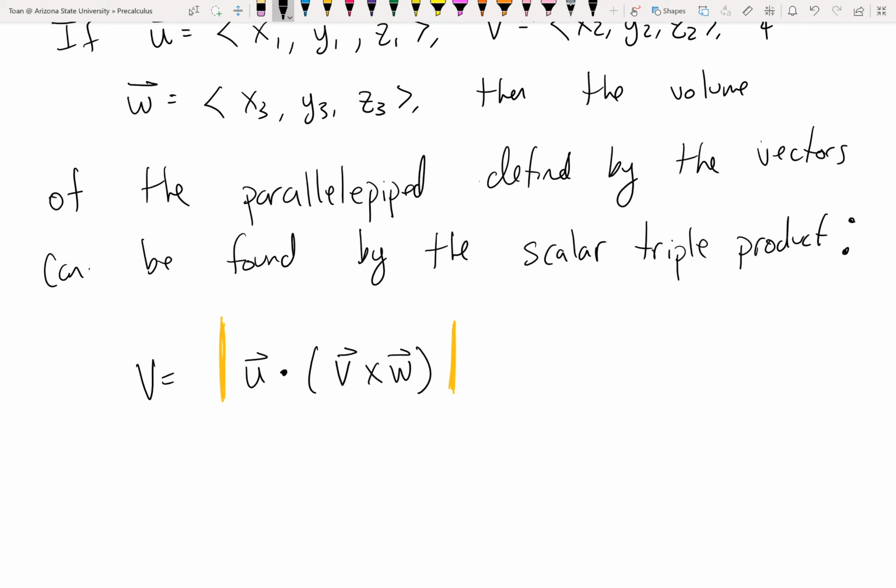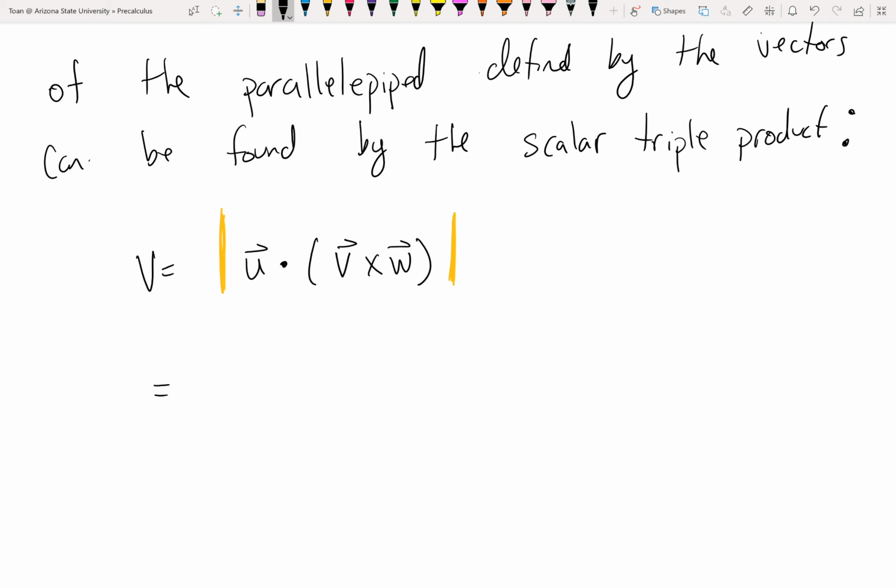Of course, if you don't want to do two steps, there is a one-stop shop, a one-step process of doing this. You can do this with determinants, with matrices as well. So if you want to do the scalar triple product in one step, it's simply going to be the determinant of the three vectors altogether.